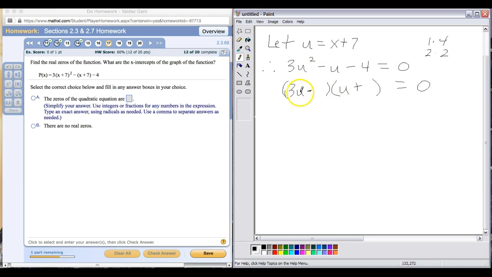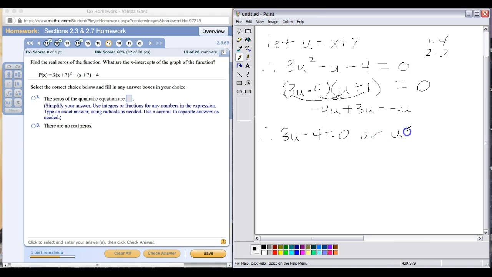And whenever I multiply that with 3u, it turns out that with the 4 being there and the 1 being there, if I multiply this, I get a minus 4u. And if I multiply that together, I get a plus 3u, which gives me a negative u, and that's what I need. Okay?